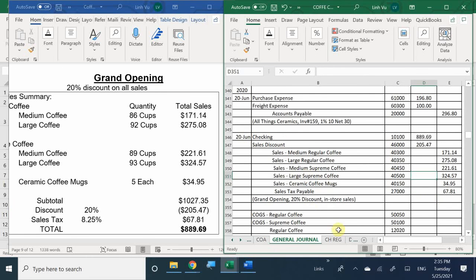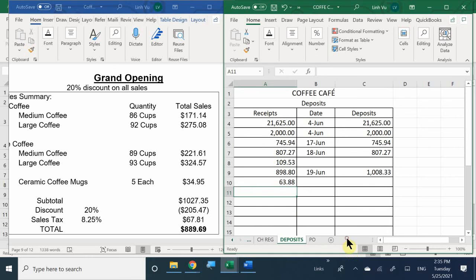Next, I'm going to go to the deposits. We're doing end of day. I think we've been here since like 5 o'clock in the morning. Busy day, which is great. All right, we'll put the $889.69 on receipt and debits.